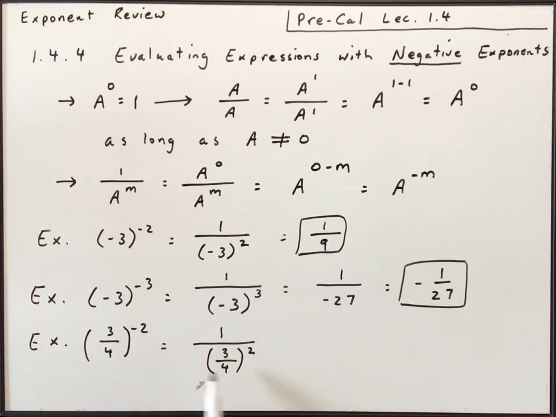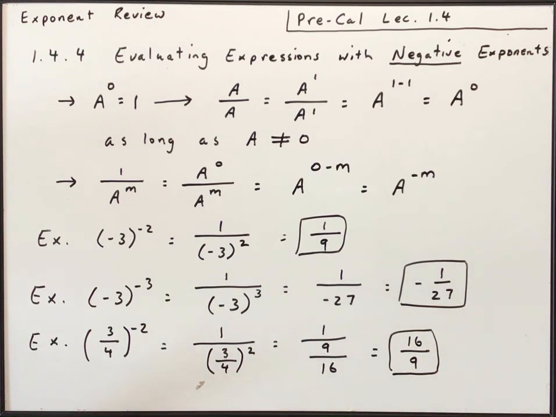So I'm just moving all this to the bottom, make a 1 on top, and then I can make the exponent positive. That's the same as 1 over 3 squared is 9. 4 squared is 16. So 1 over 9 over 16. Well, when you have 1 over a fraction, you can just flip the fraction, and that's 16 over 9.